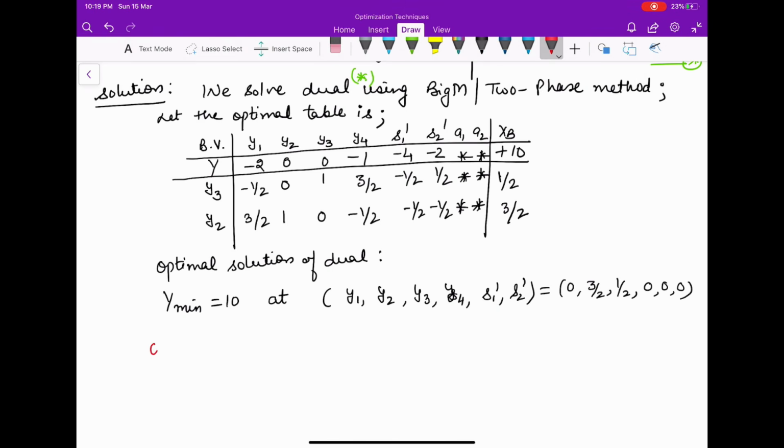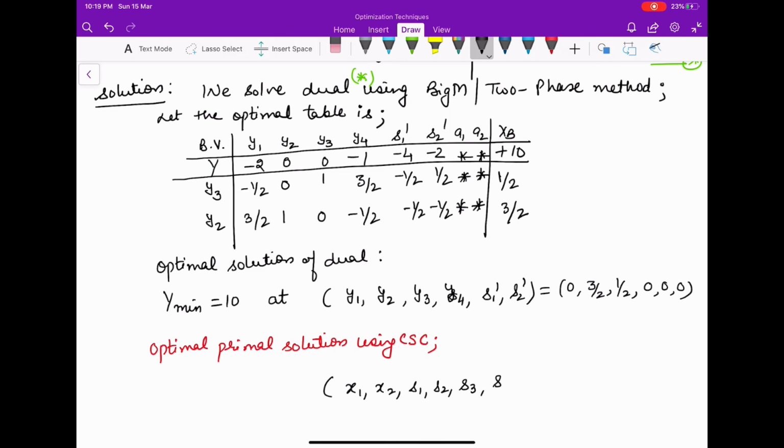So the optimal primal solution using complementary slackness conditions is, so for this I need to write x1, x2, and then there are 4 slack variables used in the primal problem.